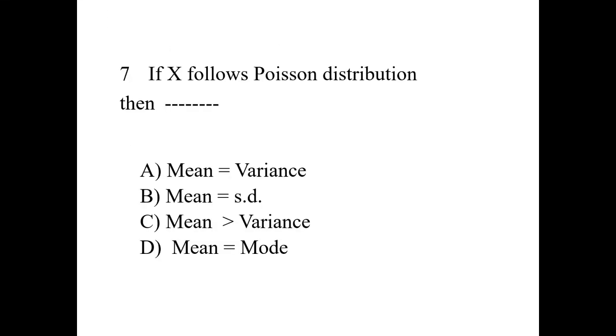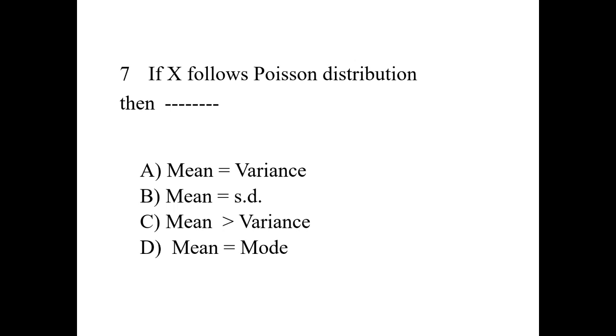Seventh MCQ is: if X follows Poisson distribution, then option A is mean is equal to variance, option B is mean is equal to standard deviation, option C is mean is greater than variance, option D is mean is equal to mode.